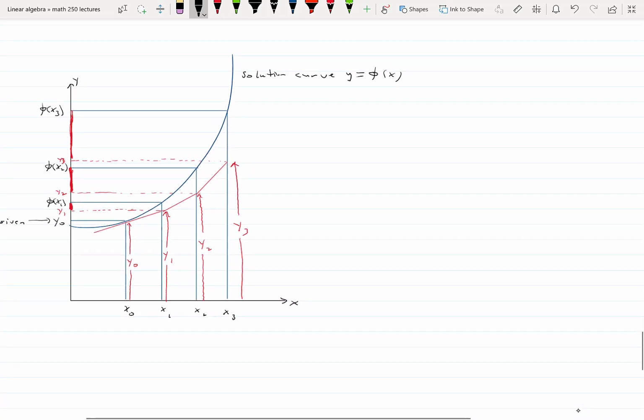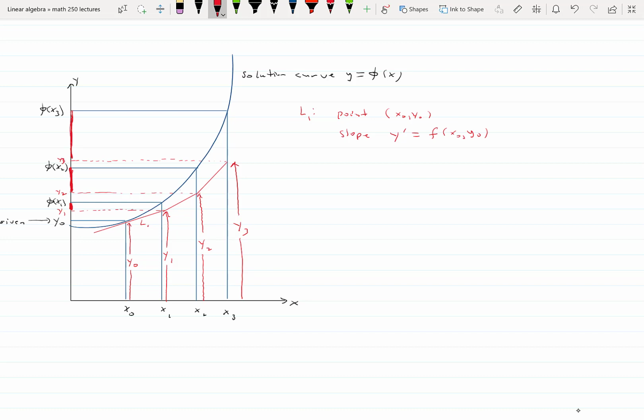Okay, so let's find y1. Let's call y1 the result of using line L1 that I have pictured there. Well, line L1 requires a point and a slope. I have a point, x naught, y naught, and I have a slope. The slope is y prime equals f of x naught, y naught.